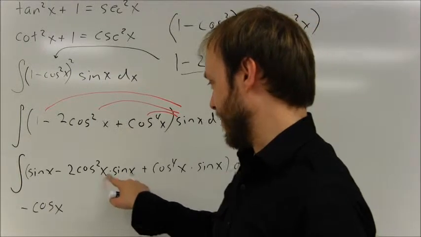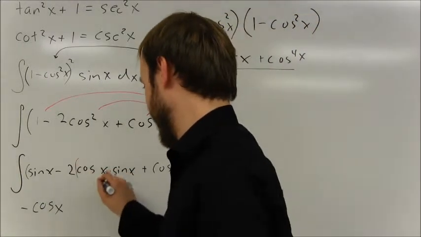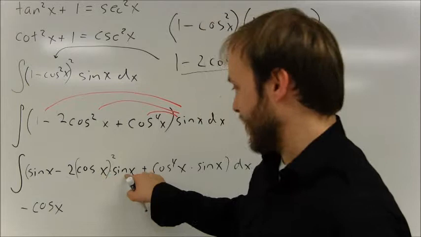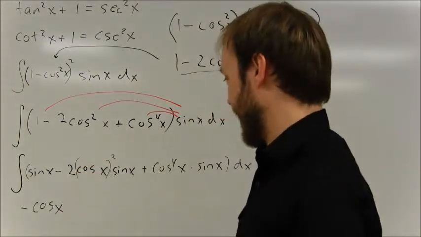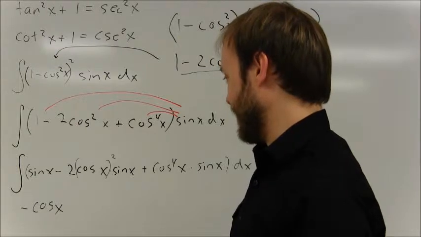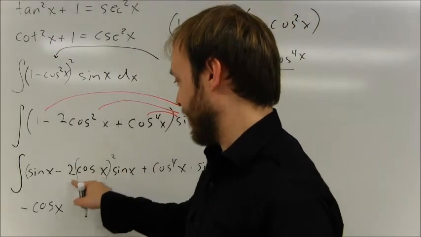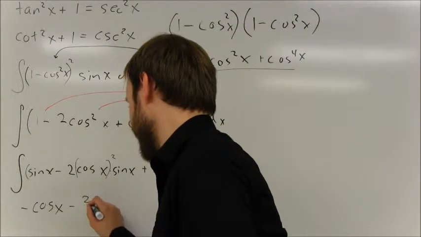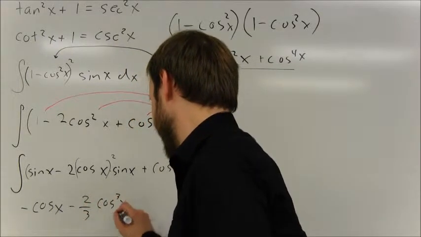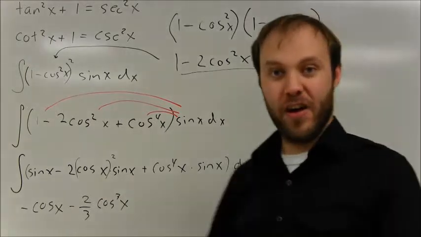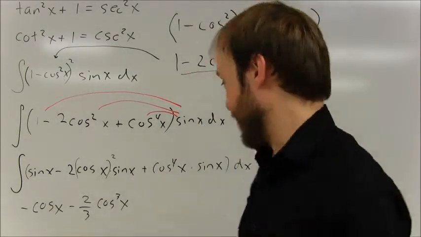So there's my derivative of my inside function. Again, you may want to rewrite it like this, but that is the derivative of my inside function. So when the chain rule gets reversed, that's going to get sucked back up in. And so the power raised by 1, I'll divide by my new power. That's going to be minus 2/3 cosine cubed of x. Again, sine of x is gone because of the reversal of the chain rule.